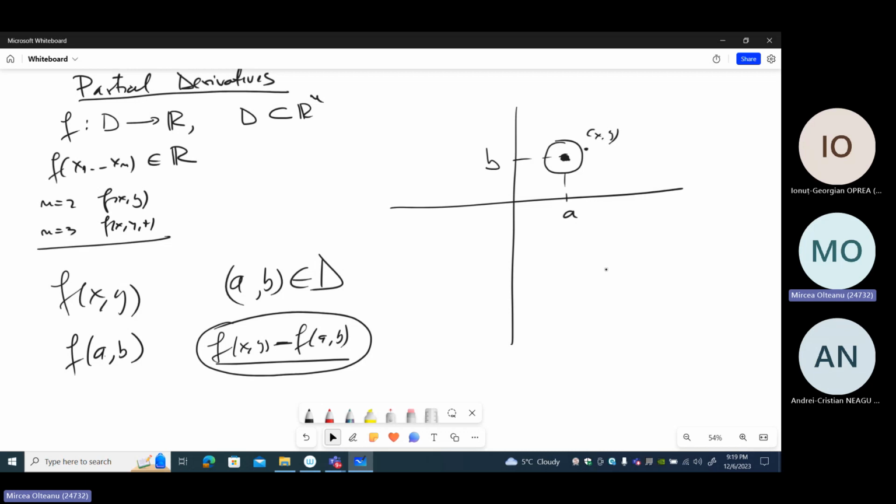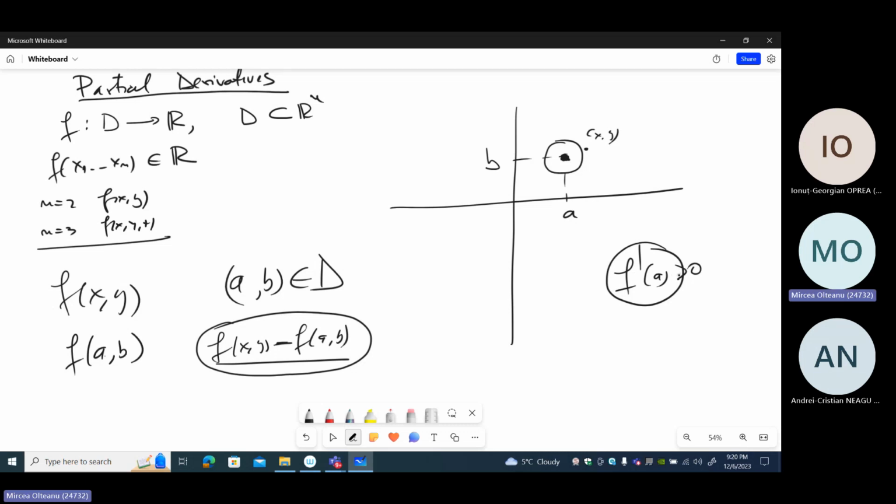For functions of one single variable, we have a measure, which is the derivative of f at a. If this number is, for example, positive and very large, then the function is increasing very quickly around the point a. If this number is negative, then the function is decreasing around the point a, and so on.